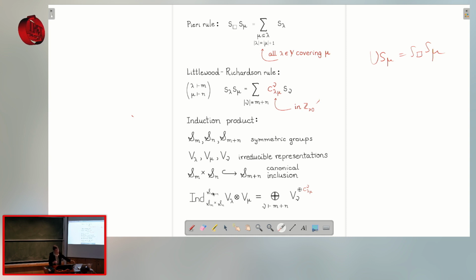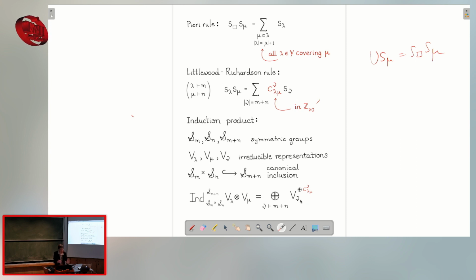It will itself be some reducible representation, and we can ask what is the multiplicity of V nu in its decomposition. It's precisely this same structure constant, the Littlewood-Richardson coefficient.